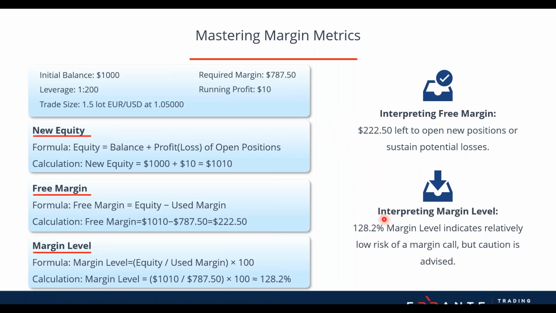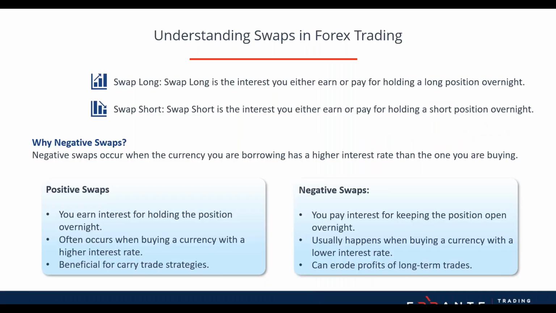And for interpreting the margin level, we can say the 128.2% margin level indicates relatively low risk of the margin call, which is the 100% level, assuming you're trading on an Errante platform. But caution is advised because you may get close to the margin call level, which is 100%, if your open position or your open positions go to more loss.